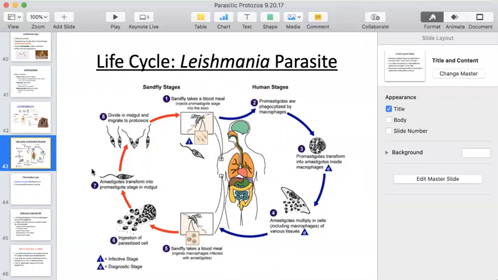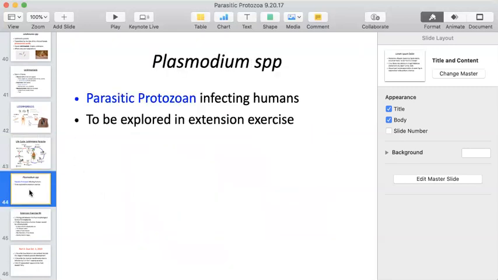Multiplication takes place. Another sandfly comes by and takes a blood meal, and it's going to ingest those infected macrophages. Those ingested parasites are going to continue to develop in the sandfly, and the cycle will repeat itself on the next blood meal.